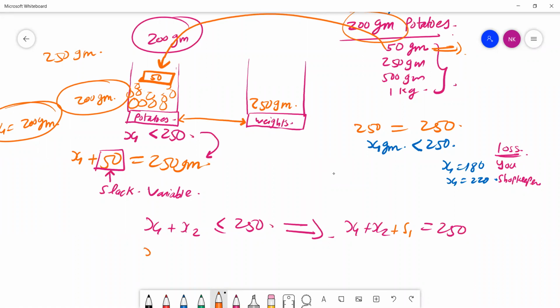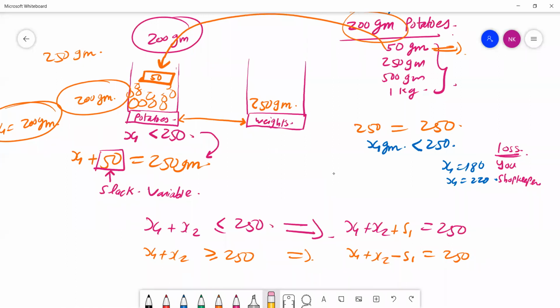Similarly, just assume the other way around: x1 plus x2 is greater than or equal to 250. In the same way, if I want to maintain the balance, I will write x1 plus x2 is equal to 250, and in order to maintain the balance I will be adding a variable on the left side, which will be equal to minus S1.